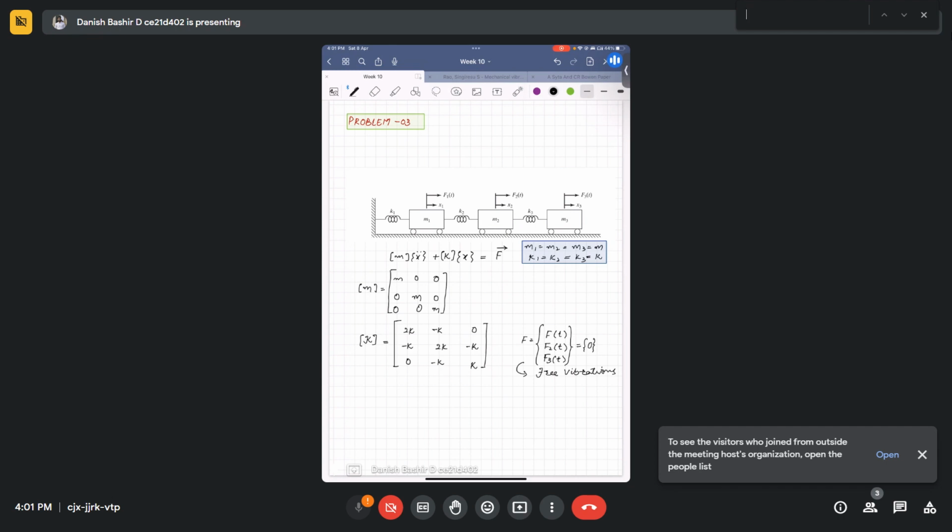So again, as we did in the first problem of the session, we have to solve the eigenvalue problem like this one.